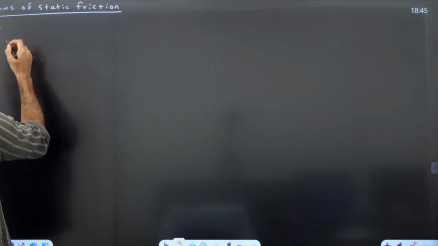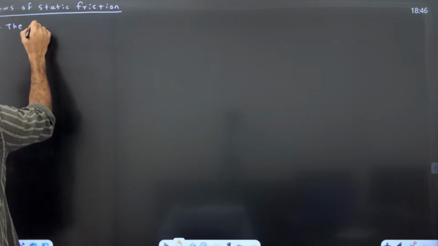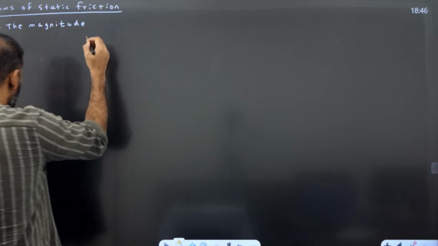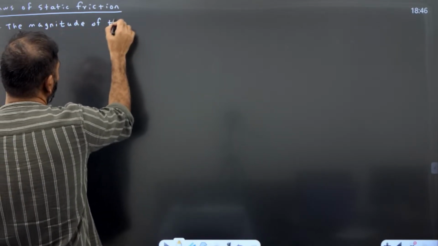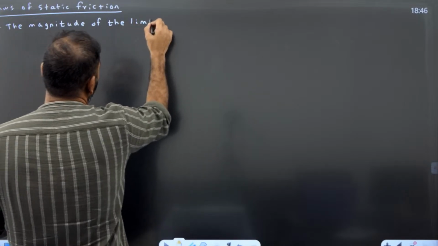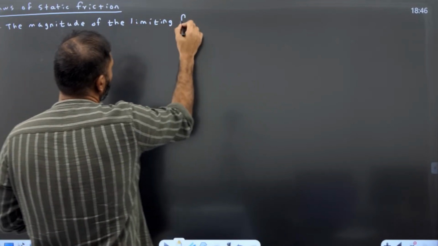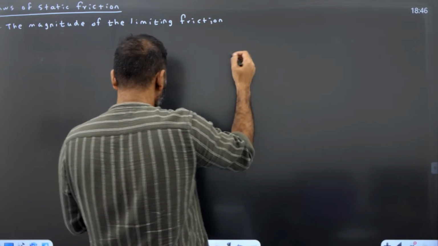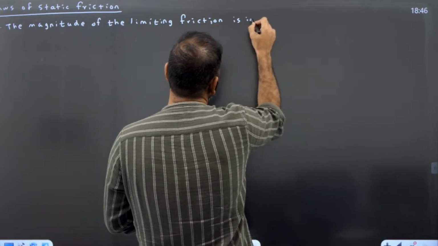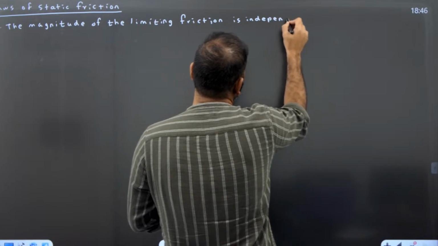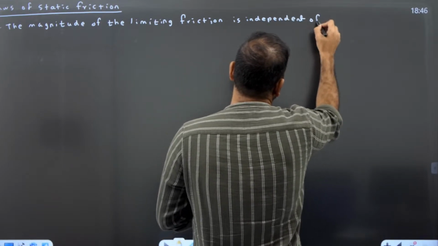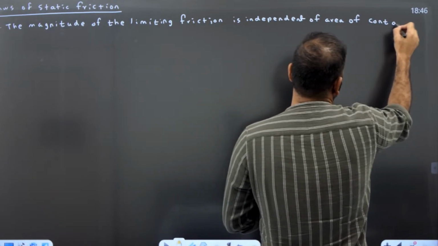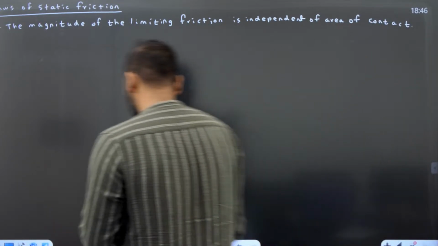First law: the magnitude of the limiting friction, that is the maximum value of static friction, is independent of area of contact.